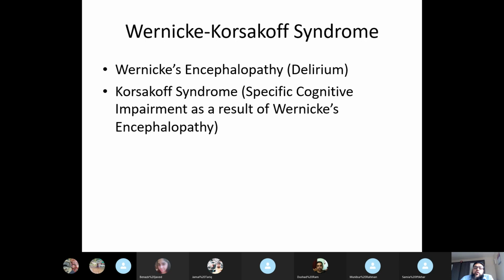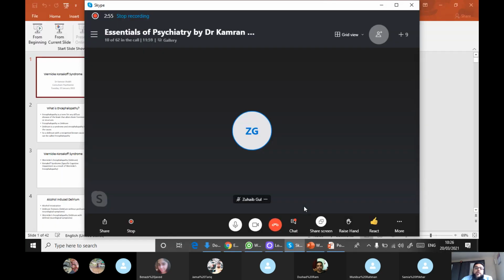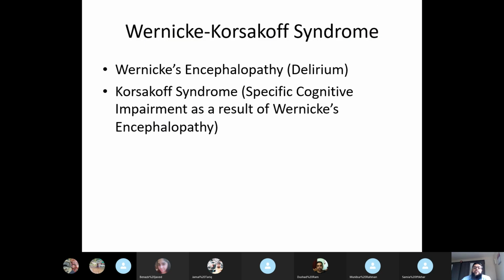So in Wernicke-Korsakoff syndrome, Wernicke's encephalopathy is the delirium part, and the other part, the cognitive impairment part, is called Korsakoff syndrome. That specific cognitive impairment as a result of Wernicke's encephalopathy is called Korsakoff syndrome.